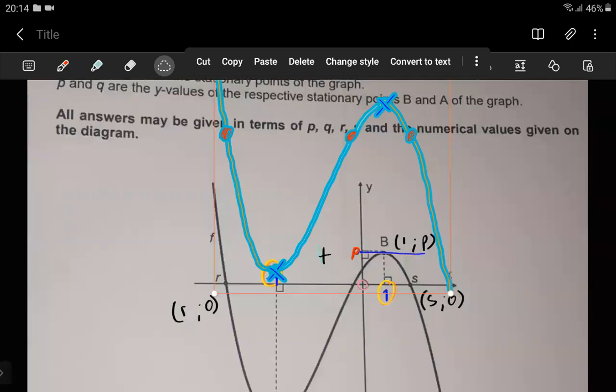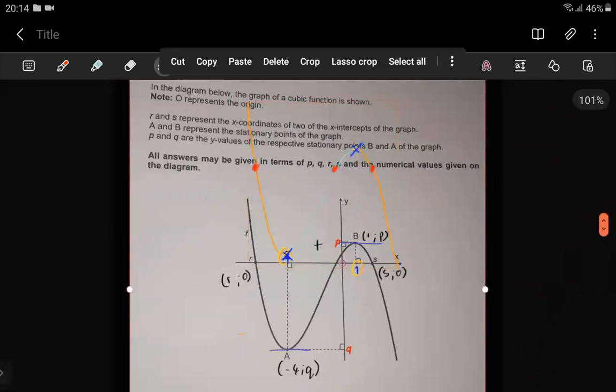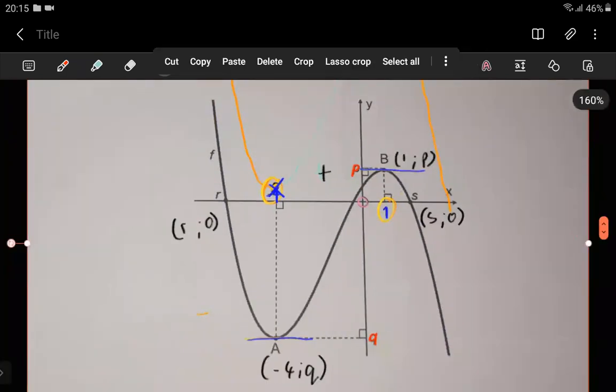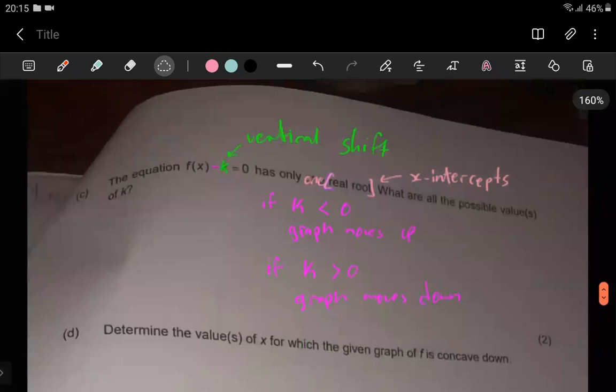Firstly, this is what we're going to do. For it to look the way it's looking right now, it would need to have been moved q units. If you move this graph q units upwards, our graph is going to only have one x-intercept. Do you see that? Yes, I see. So in terms of giving our first answer, we are going to need to say k is... this one is going to be a bit annoying.